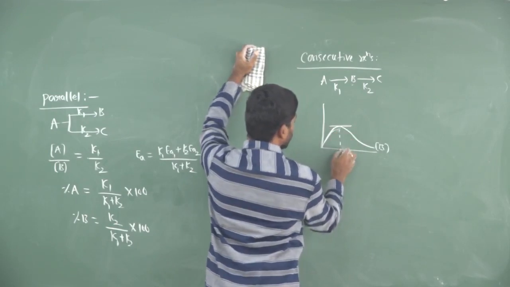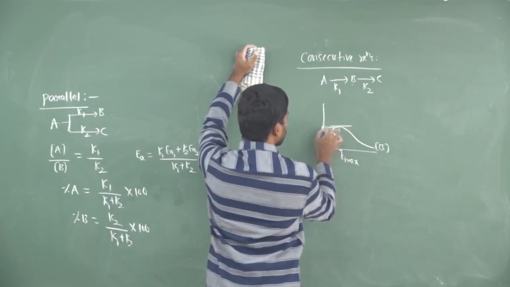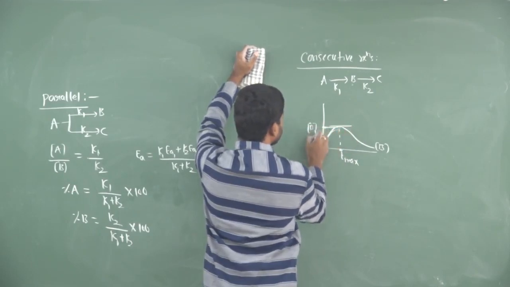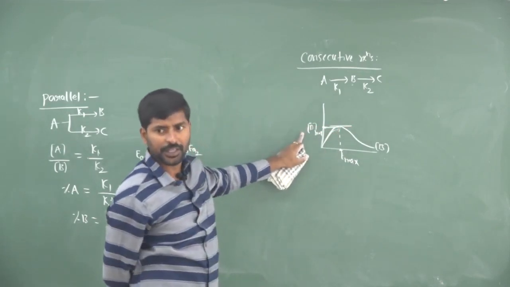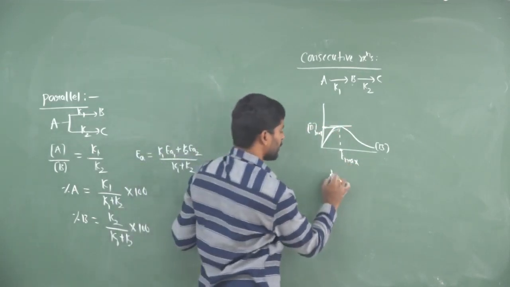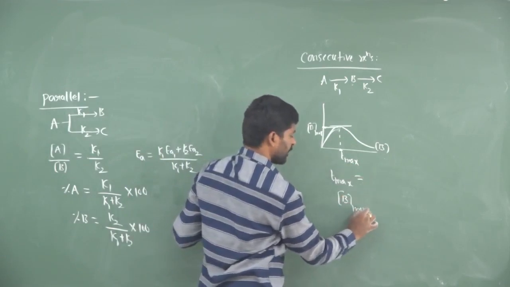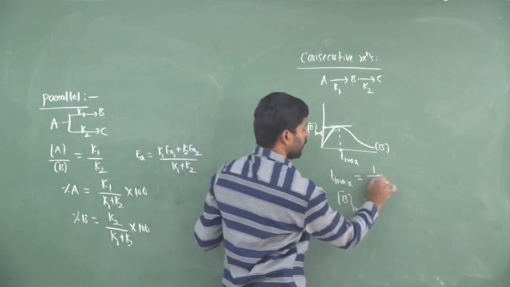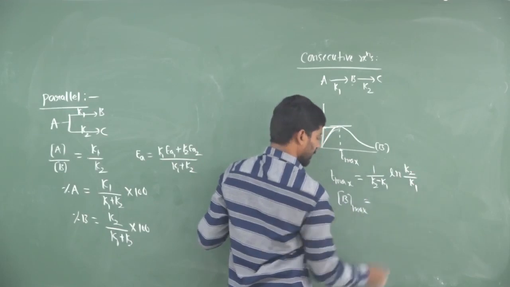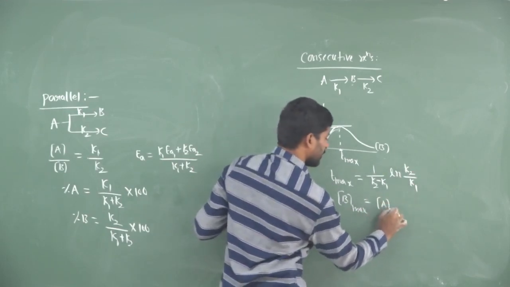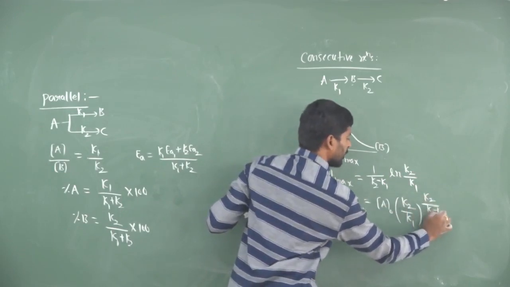So at a particular time, that is T max, it reaches maximum concentration, that is called B max. What is the expression for T max and B max? Just you remember that. What is the expression for T max? 1 by K2 minus K1 ln K2 by K1. B max expression is A0 into K2 by K1 whole power K2 by K1 minus K2.